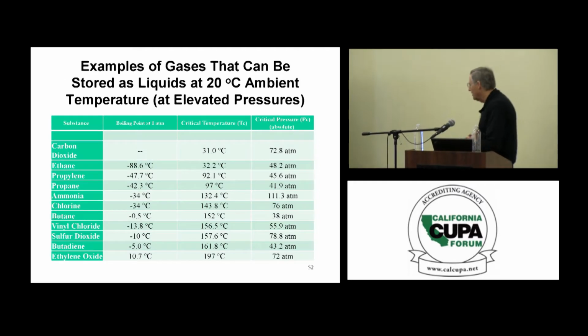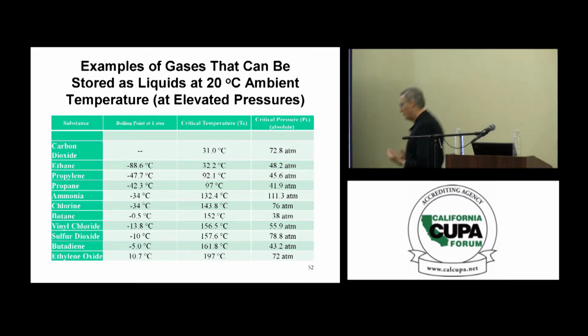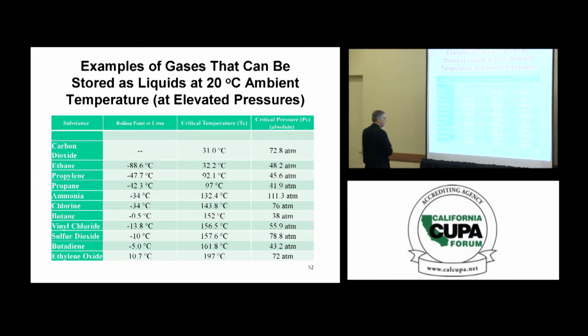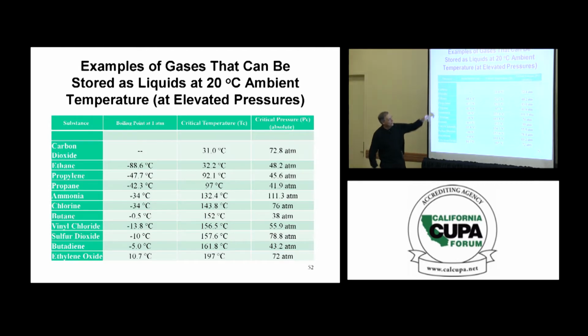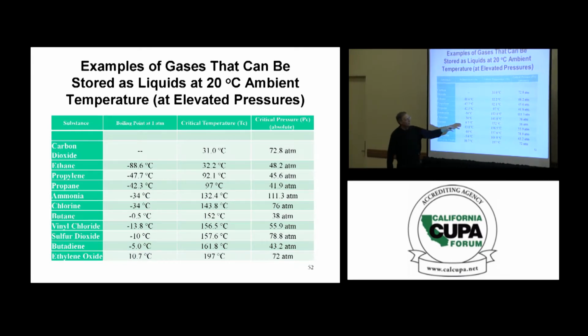Now let's keep marching up in temperature and tell you why chlorine, ammonia, propane are so important and what some of their properties are. And we're not quite there yet. Propane. These are boiling points. I switched it on you here. This is the column for critical temperatures. Now, all of a sudden, for carbon dioxide, 31 degrees centigrade.